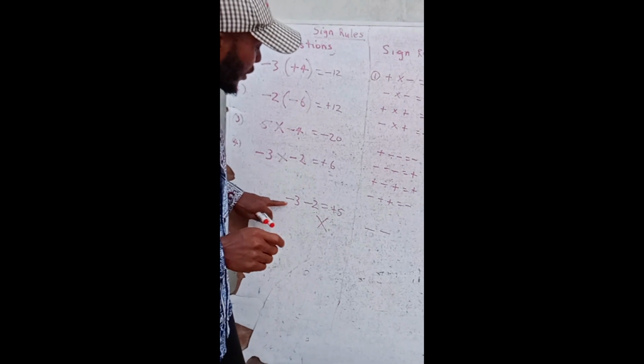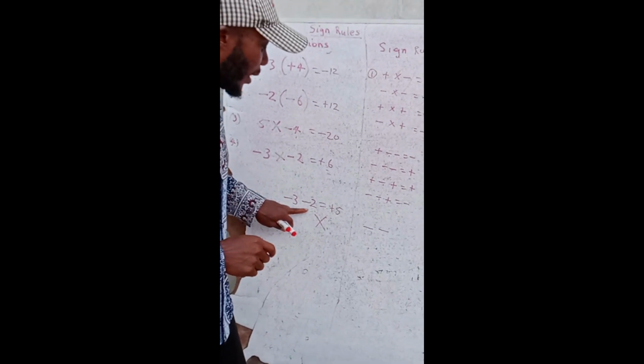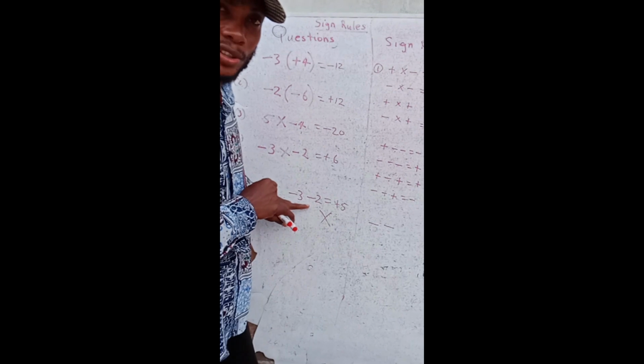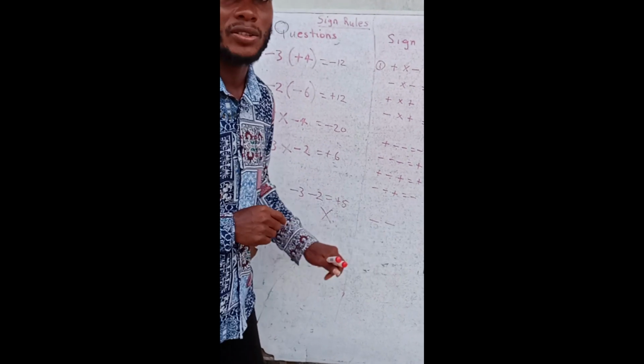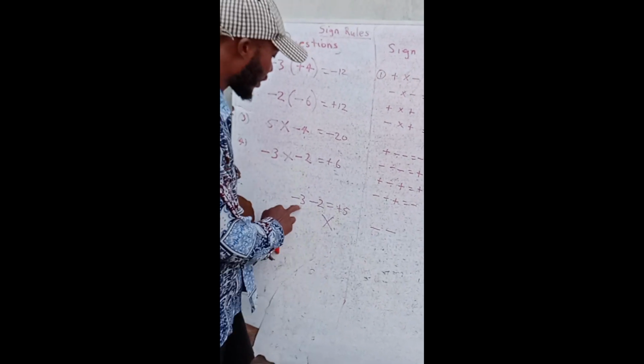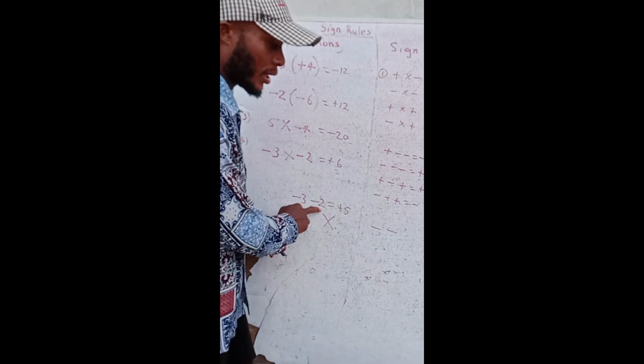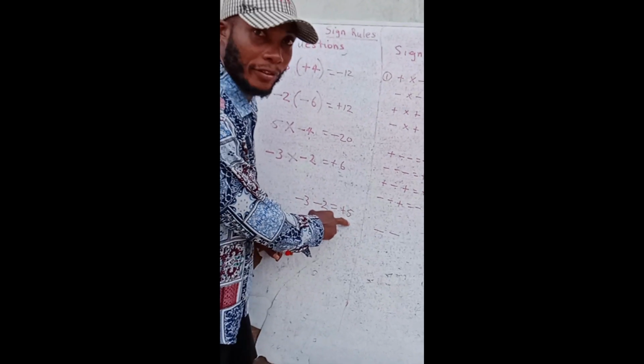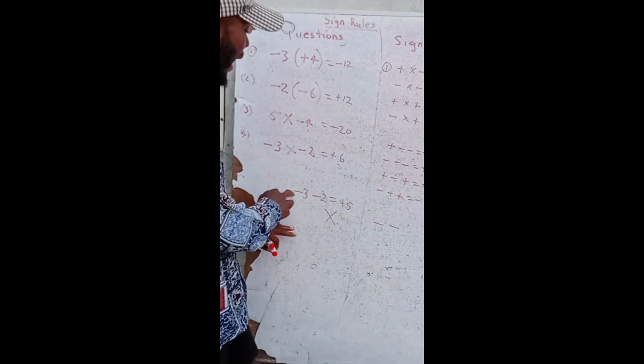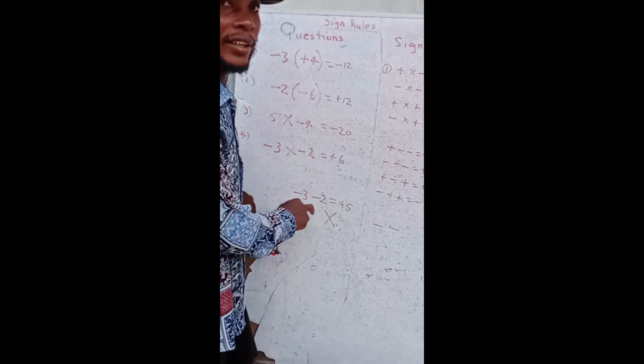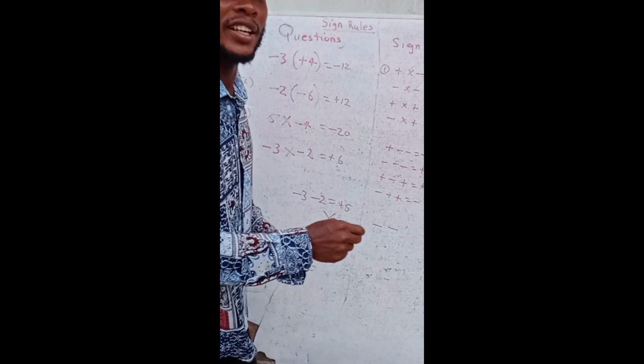They are mistaking the addition and subtraction of numbers for multiplication. Minus 3 minus 2 is supposed to be minus 5, but because they are hearing minus minus, they say it is plus. It's not true.